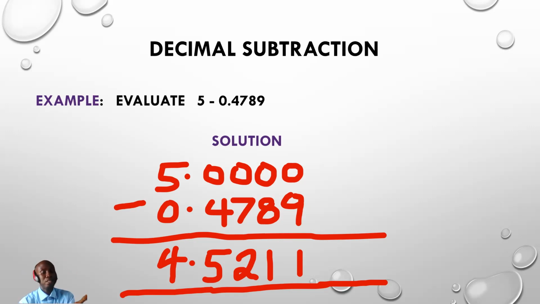Here will be 9 left. 9 minus 8, 1. Here will be 9 left. 9 minus 7, 2. Here will be 9 left. 9 minus 4, 5. And here will be 4 left. 4 minus 0, 4. So that's how we got 4.5211.